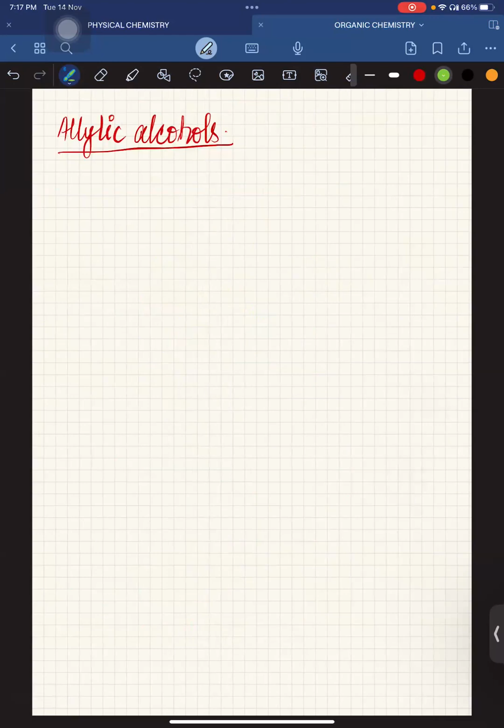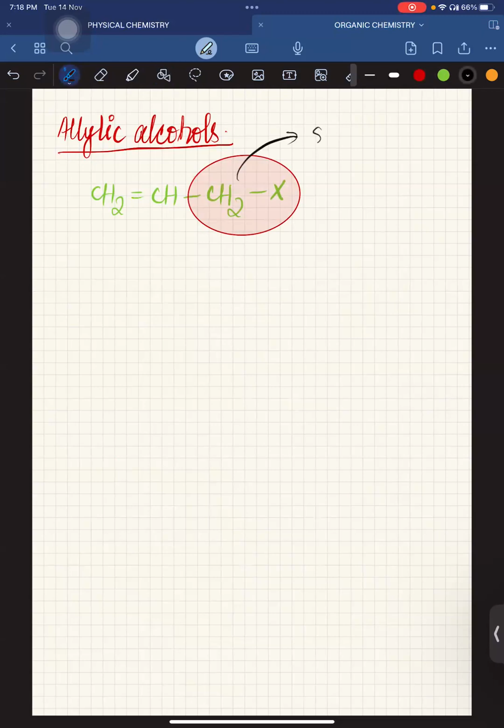First there will be a double bond, then CH2, then X. The carbon to which X is connected should be sp3, and the carbon adjacent to it should be doubly bonded, sp2. This is known as an allylic halide. Since we are studying alcohol, there will be OH instead: allylic alcohol. Are you getting my point?